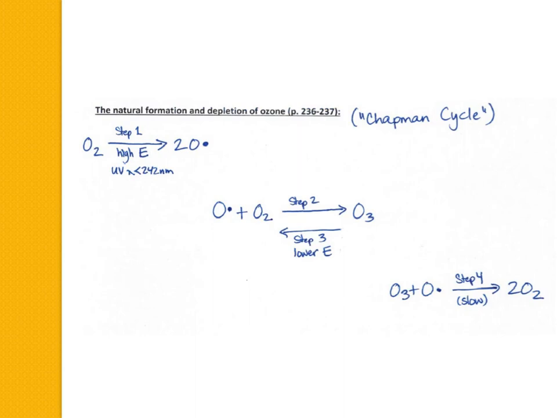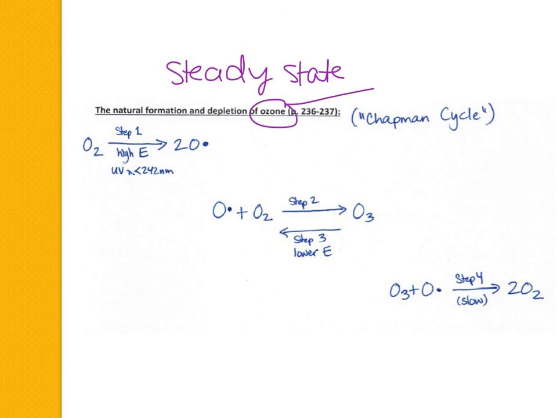So here's our Chapman cycle. Its goal is to keep the ozone at something called a steady state. And at the steady state, the amount of ozone is supposed to be approximately 10 parts per million. So ppm is a unit we may not have seen before.